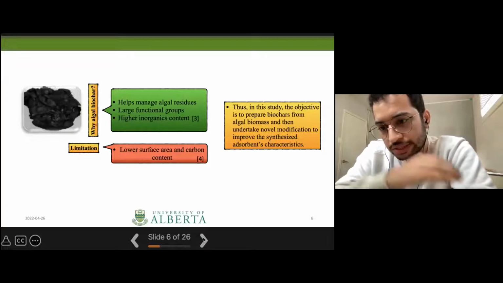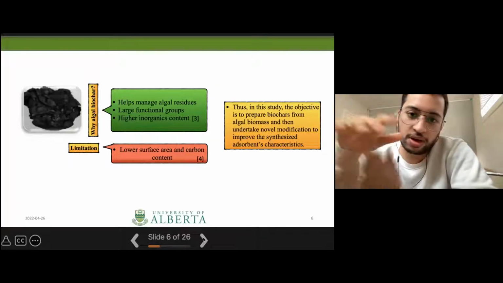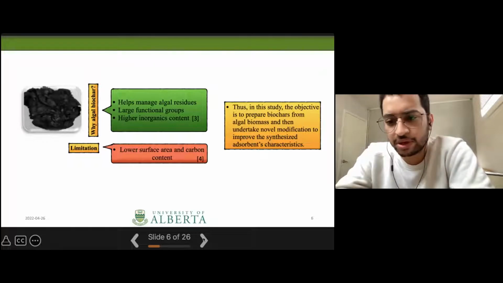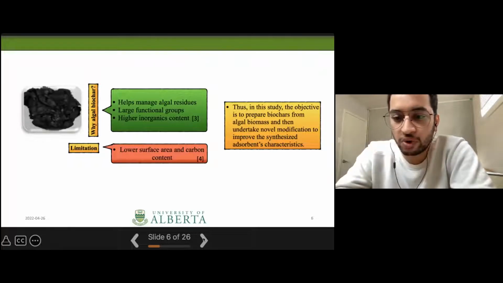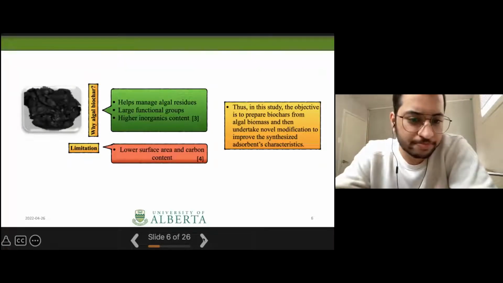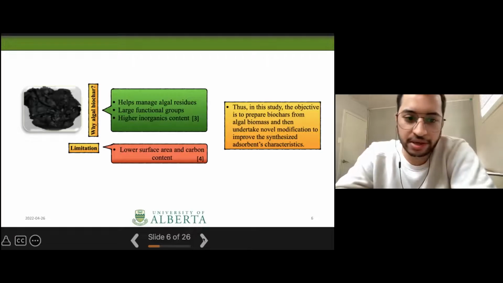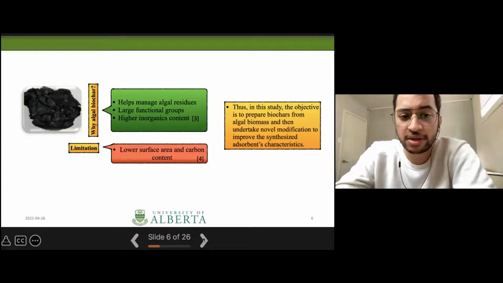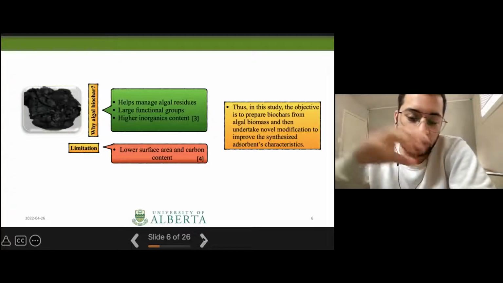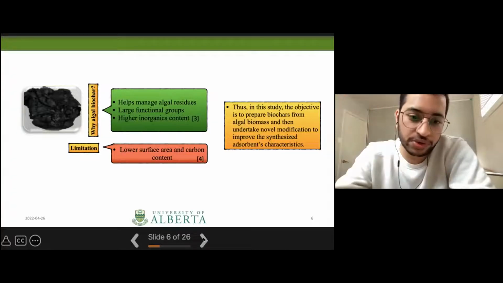Algal biochar is different from biochar produced from other conventional biomasses, because algal biochar has lower surface area and carbon content, but it has a higher number of functional groups, and its inorganic content is also high, which could be very helpful in adsorbing pollutants.